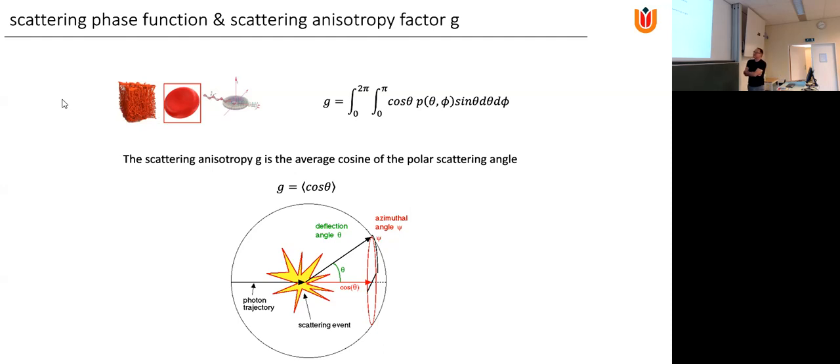That parameter is called the scattering anisotropy. It has the symbol g, and its mathematical definition is given there. It is cosine theta, multiplied with the phase function, and then integrated over its range.